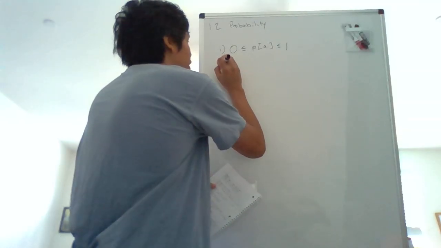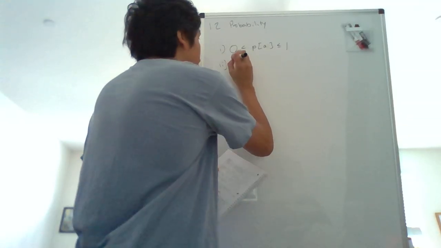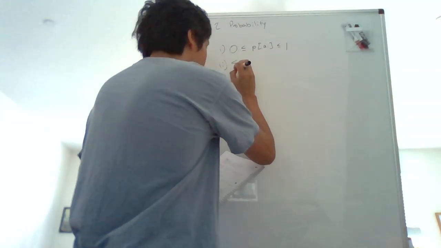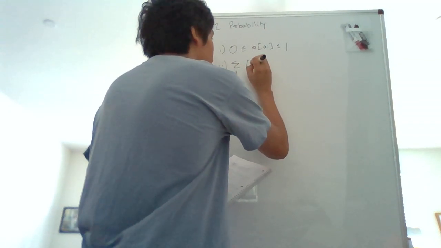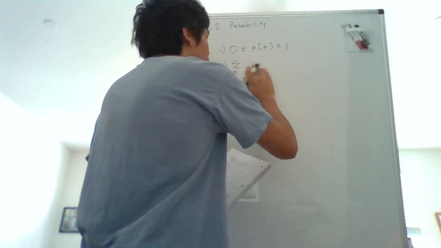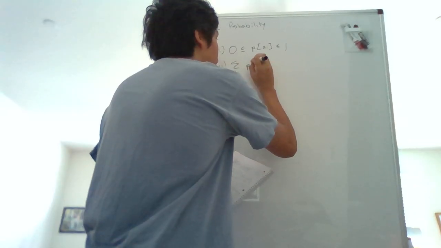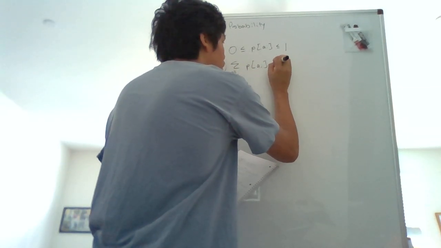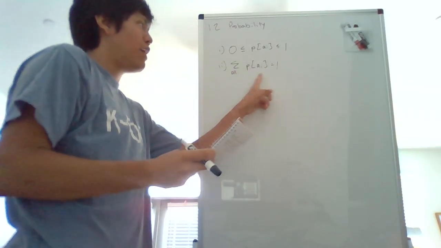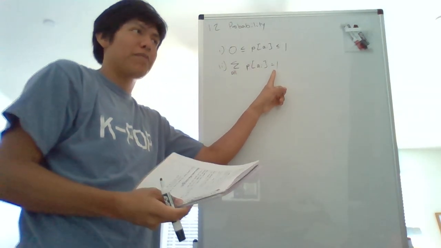And the second thing is that the sum of all probabilities has to be equal to 1.